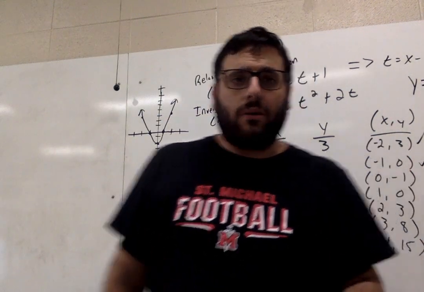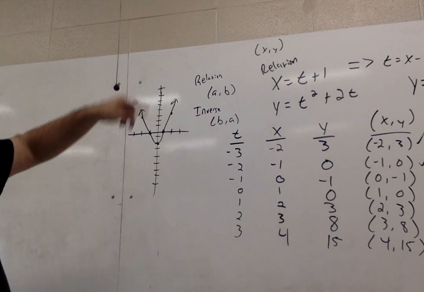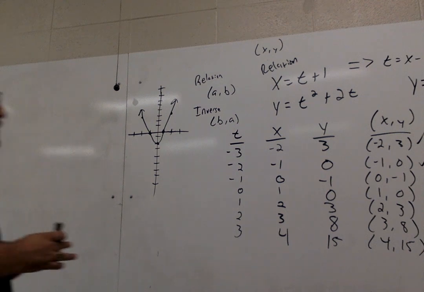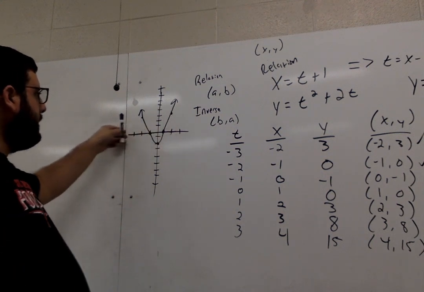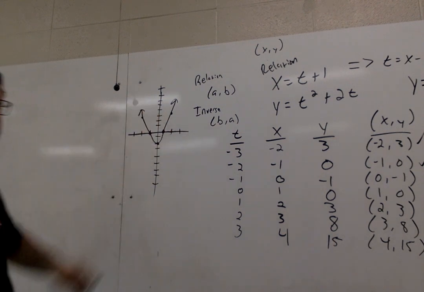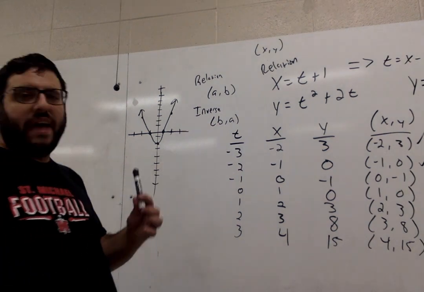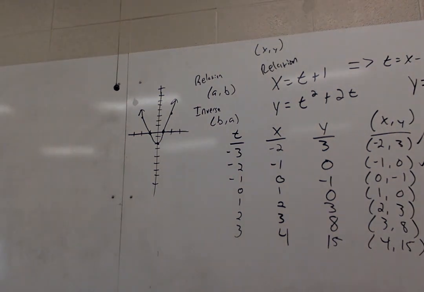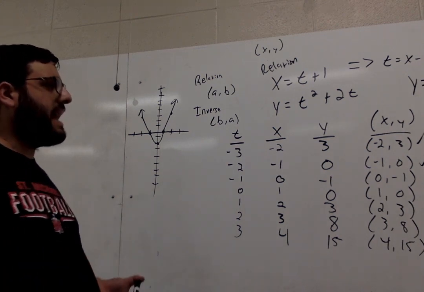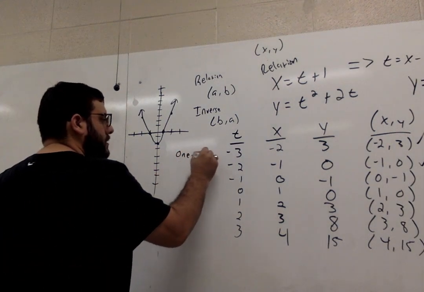When it comes to the horizontal line test, since we switch the x and the y, then what's going to happen is that horizontal line test that we test with the x values now gets turned on its side to test the y values. Okay, so to make sure that no one y value has more than two x values in it. Okay, and anytime that happens, this is what's called one-to-one.